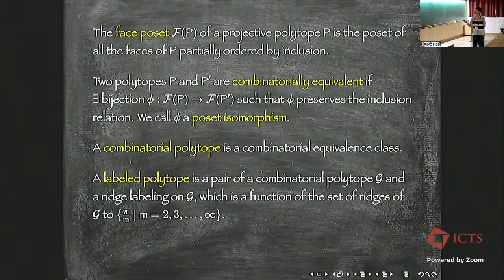Now I will mention the labeled polytope. The labeled polytope is a combinatorial polytope together with a labeling on the ridges. Labeling is a function from the set of ridges to some π over m.